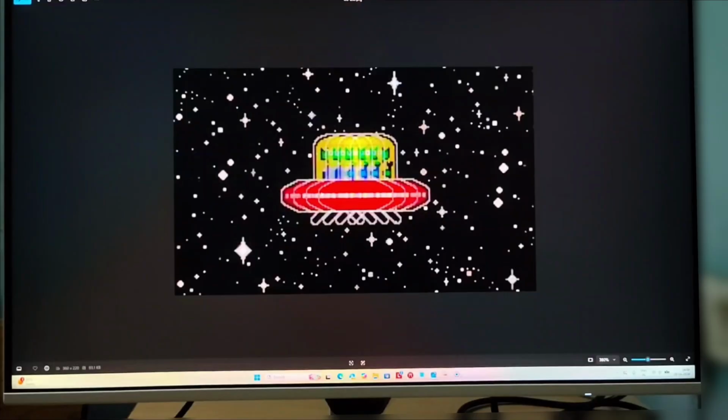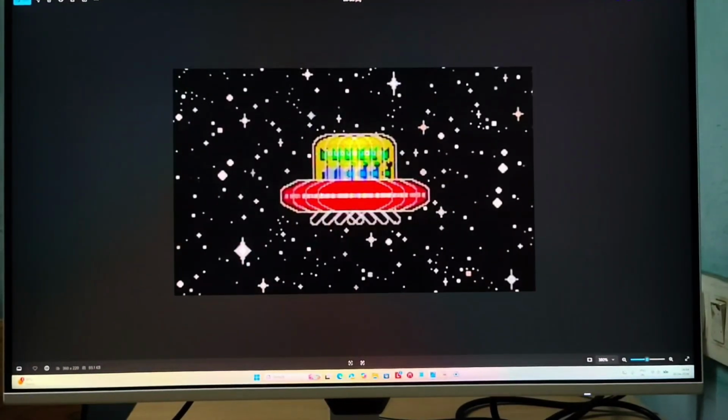The next thing I want to explain is motion blur. This is not caused by the monitor alone; your eyes are a big part of it. When the monitor refresh rate is 200 hertz and the image is moving at 960 pixels per second, each frame is held for 5 milliseconds. However, your eyes continuously try to track the UFO's motion.